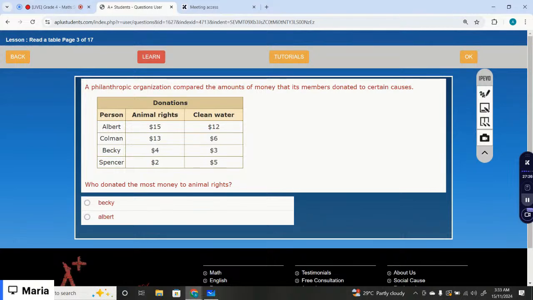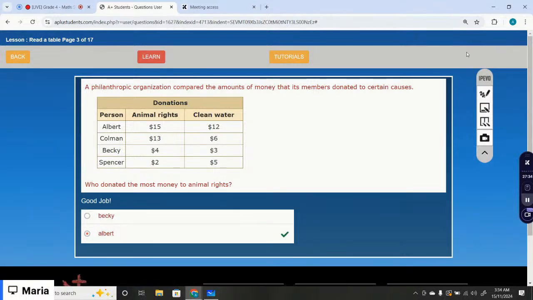Albert donated the most to animal rights, right? The correct option is option number 2. Albert donates the most, right? Option number 2 is the correct option.